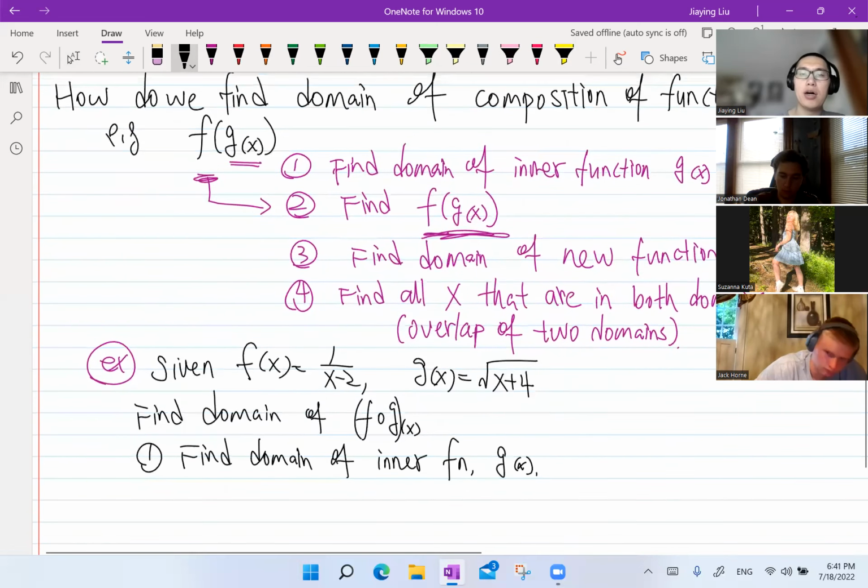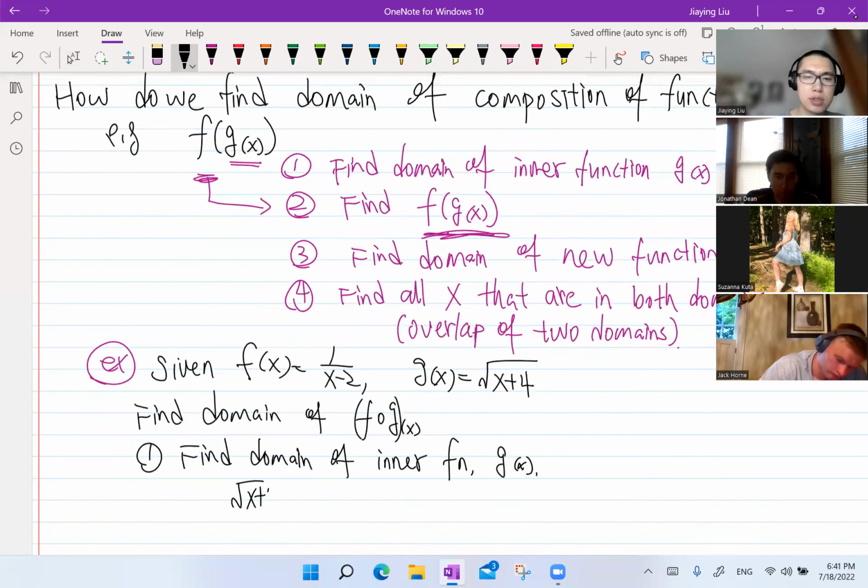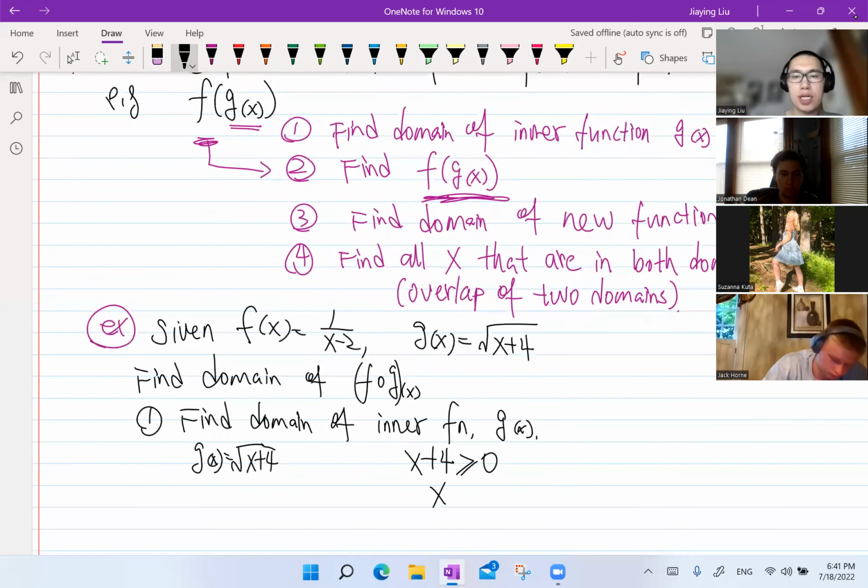So we need the domain of square root of x plus 4. The domain is going to be all the x values satisfying x plus 4 greater than or equal to 0. So x greater than or equal to -4. I'm sorry, -4, not -2. You can write that as -4 to infinity.